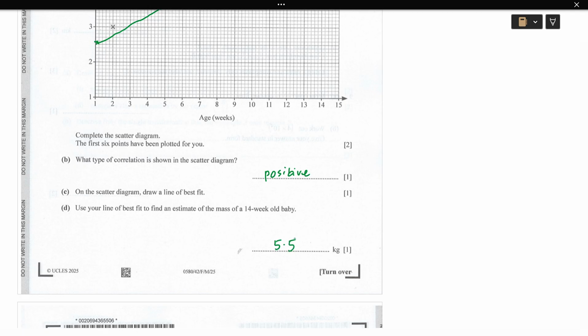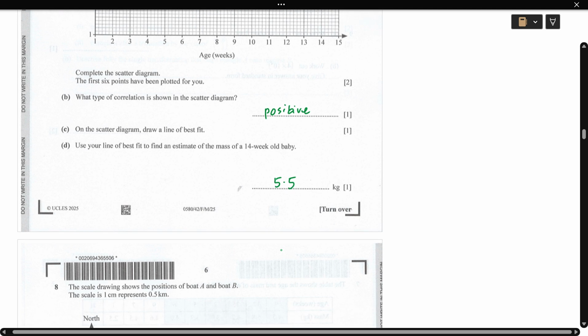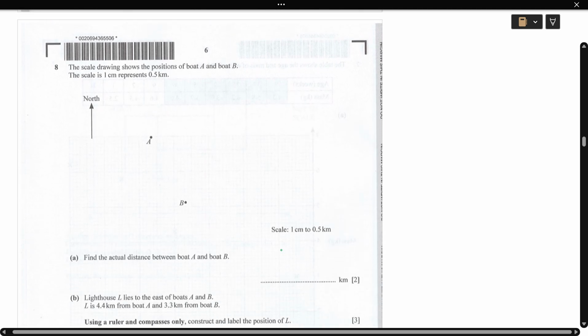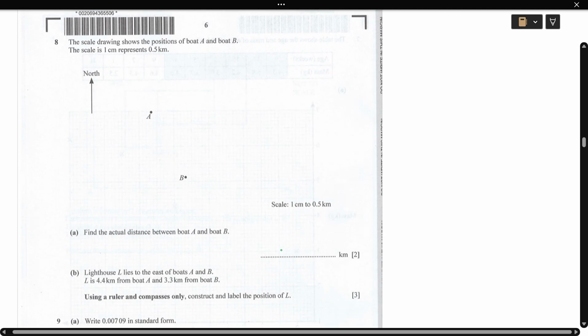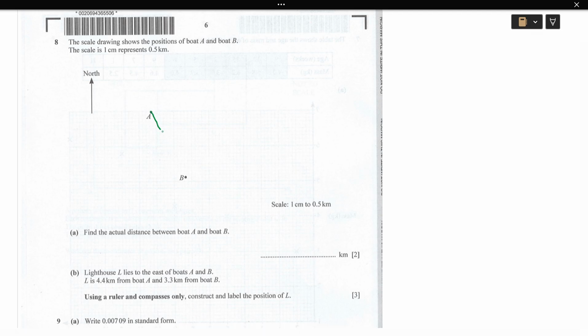Okay, so next question is the scale drawing. A to B, this is a paper only so we can measure, so I'll write approximately 4.4 centimeters.